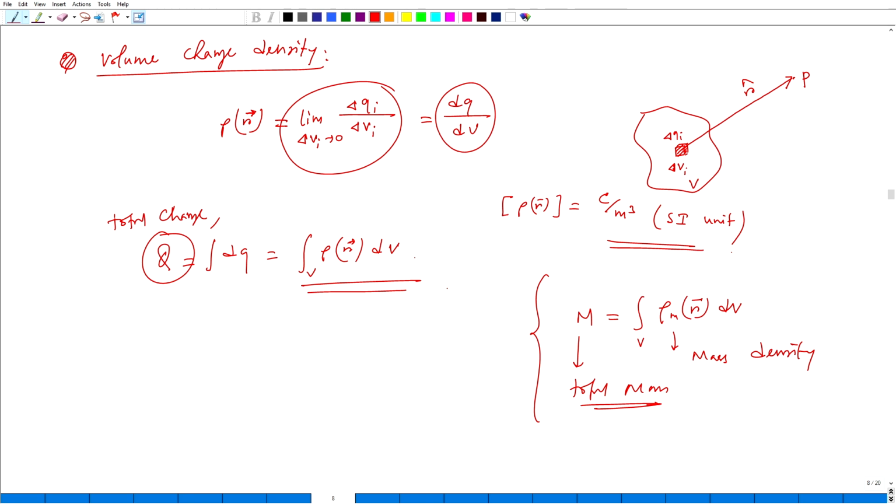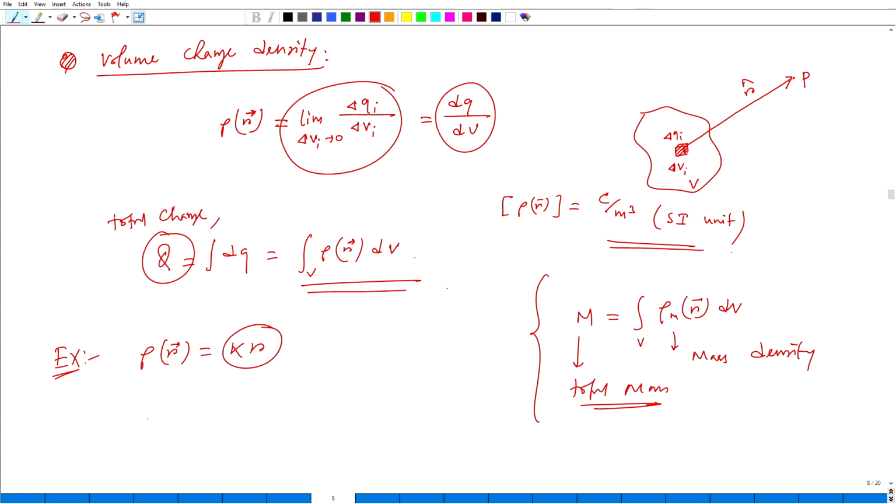So, let us do a quick example. Suppose rho of r equals k r, so it varies linearly with the distance r.